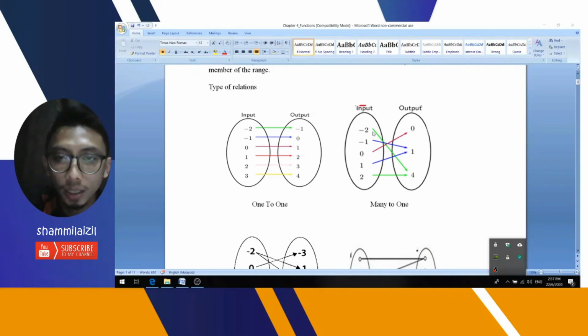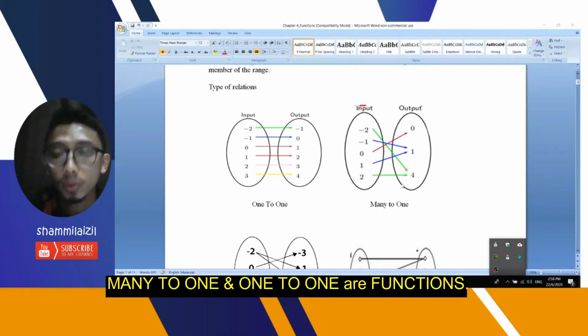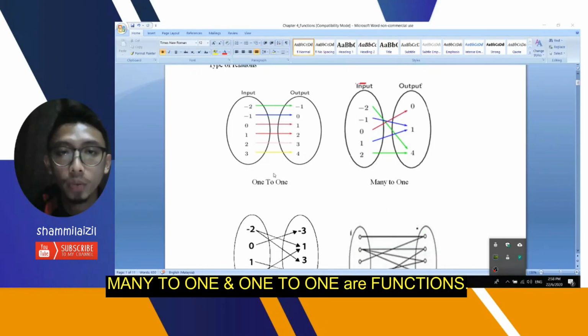Even by looking at the green color, -2 and 2 share a similar image or output, that is 4, still it is a single value of y. So many to one and one to one, these two relations are functions.